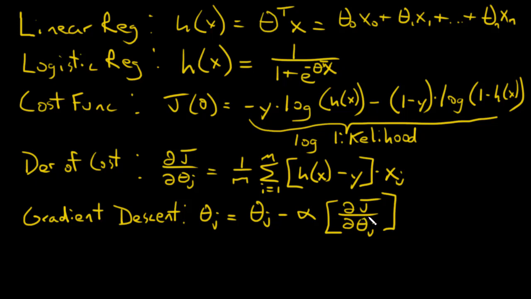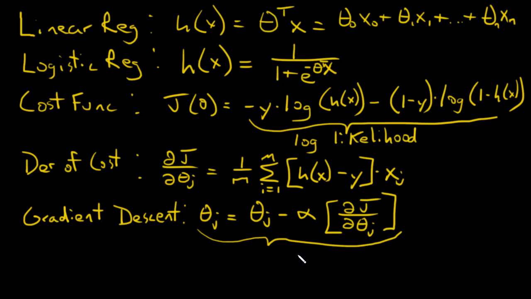This is exactly the same as we've seen before, and it ensures that the new theta values are equal to the old theta values plus some change in the correct direction. We're not guessing randomly with machine learning.